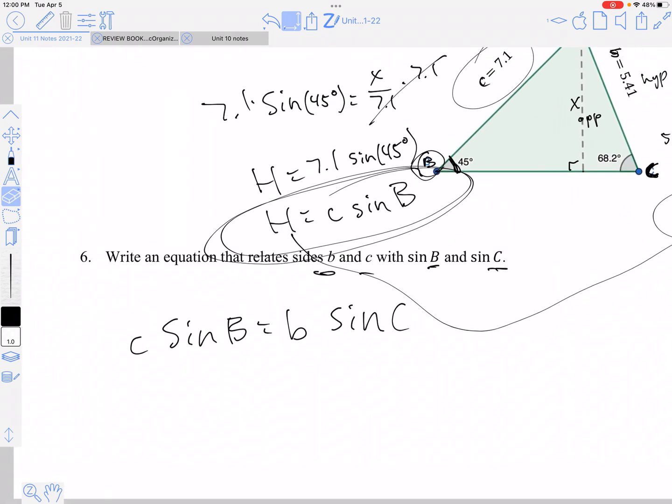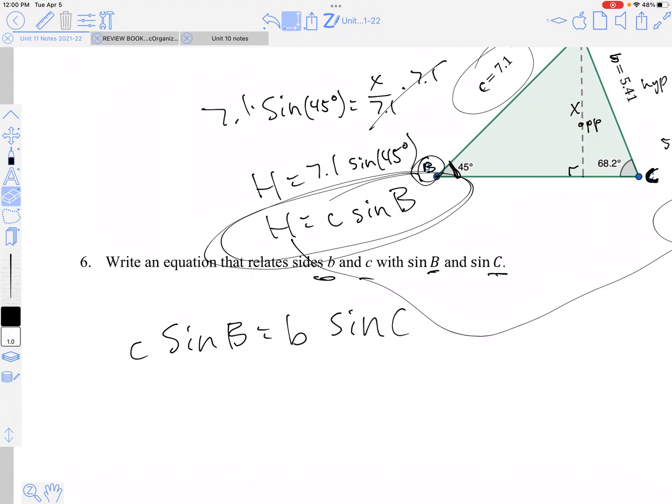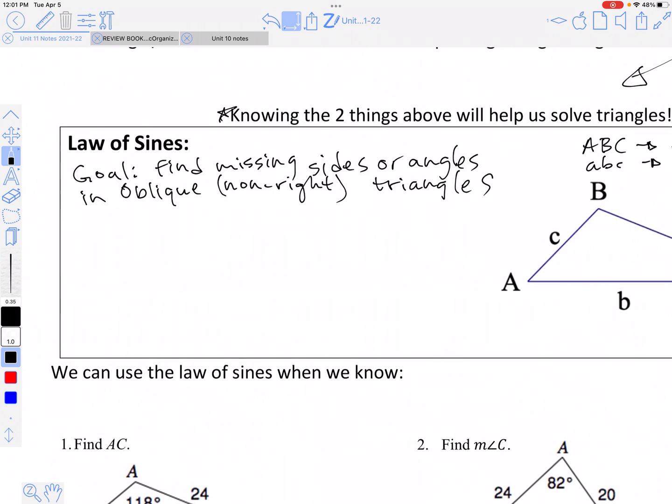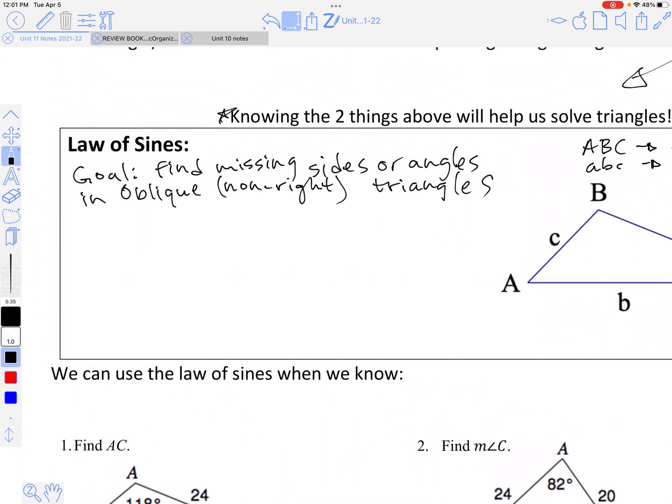We're going to modify that equation that we got in number 6. We could have kept going with the a's, but obviously I didn't. What we're going to do is divide by b, and then divide by c. So you're going to have sine b over b, sine c over c, and that'll also equal sine a over a. This is the law of sines. This is the goal, what it does, but this is the actual law: a over sine a equals b over sine b equals little c over sine c.